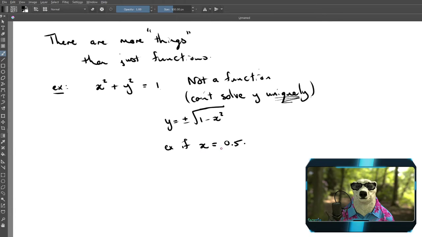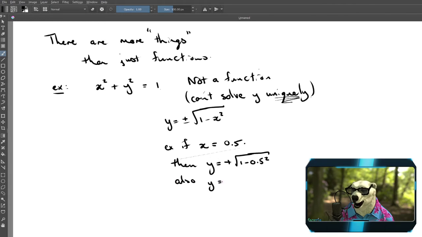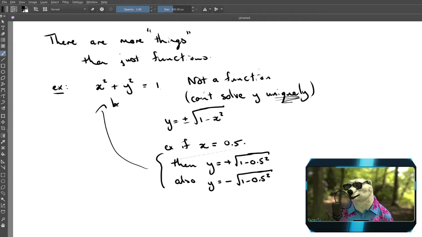If x is equal to 0.5, then y is equal to positive root 1 minus 0.5 squared, but also y could be negative root 1 minus 0.5 squared. They would both work in my original equation.